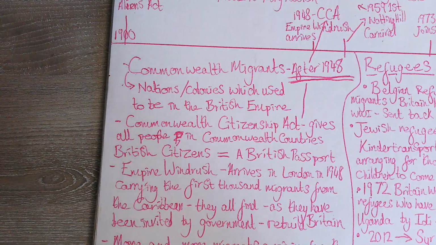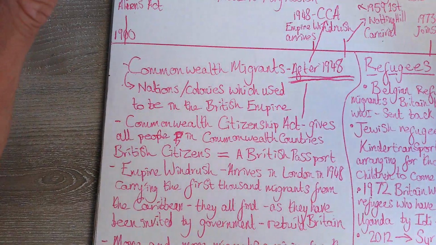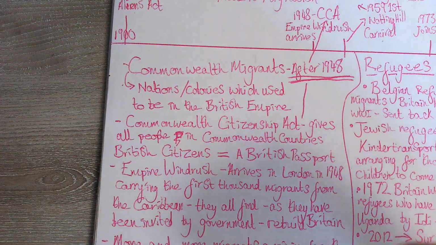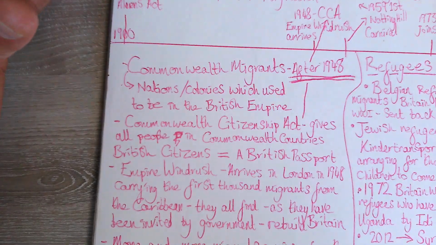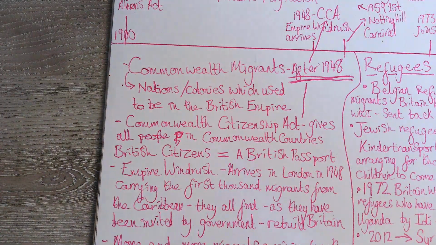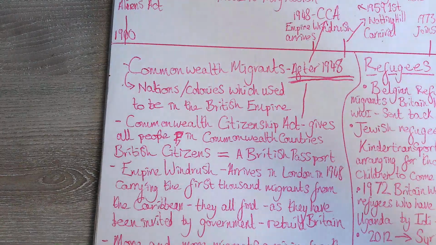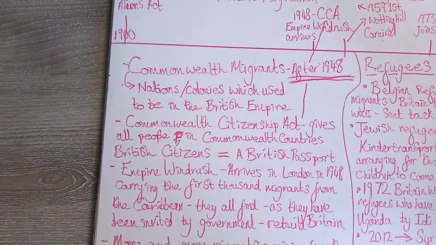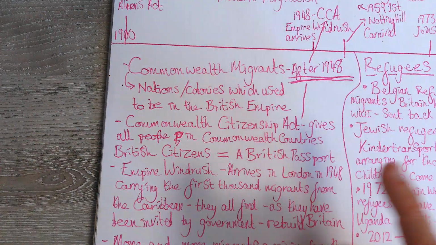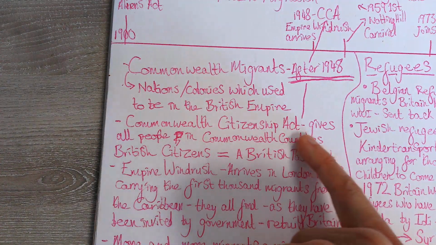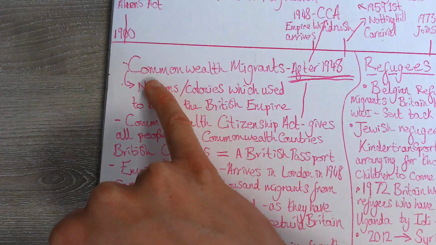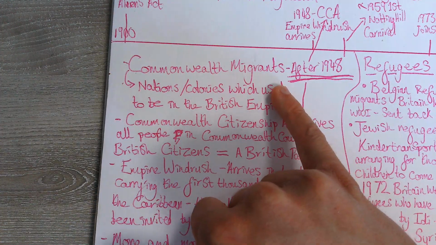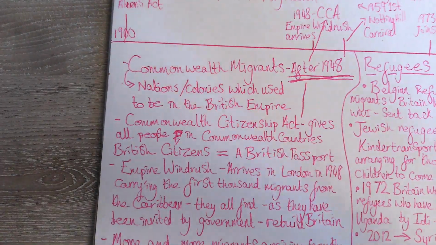Just be mindful that we talk about two different groups in relation to migration from the empire or former empire. Empire migrants, that's before 1948, migrants arriving from colonies in the British Empire. After 1948, because of this act, the Commonwealth Citizenship Act, we refer to them as Commonwealth migrants, and they will use that in the exam.